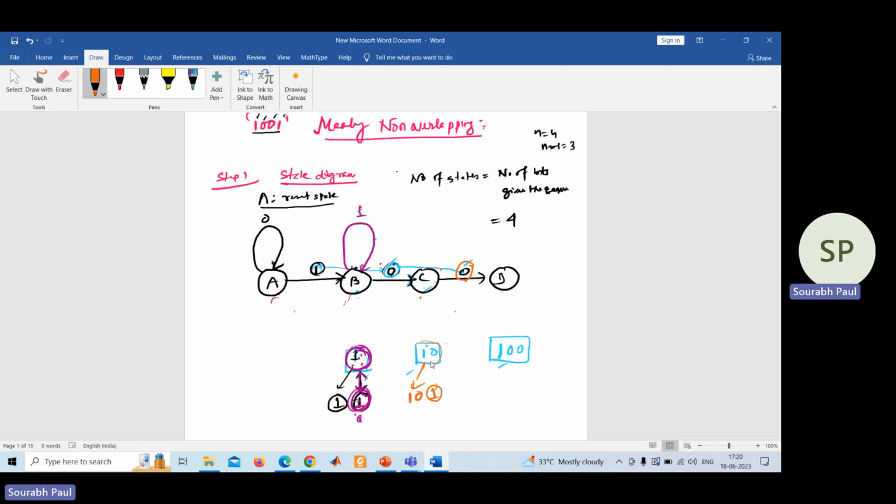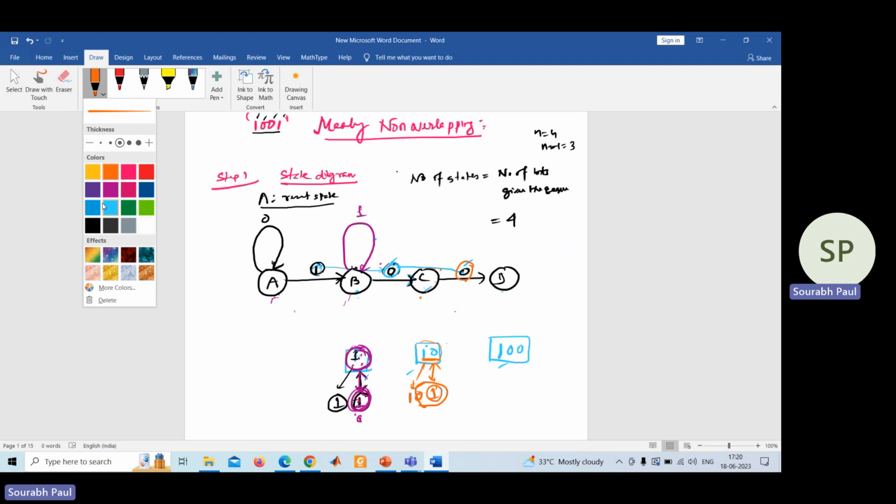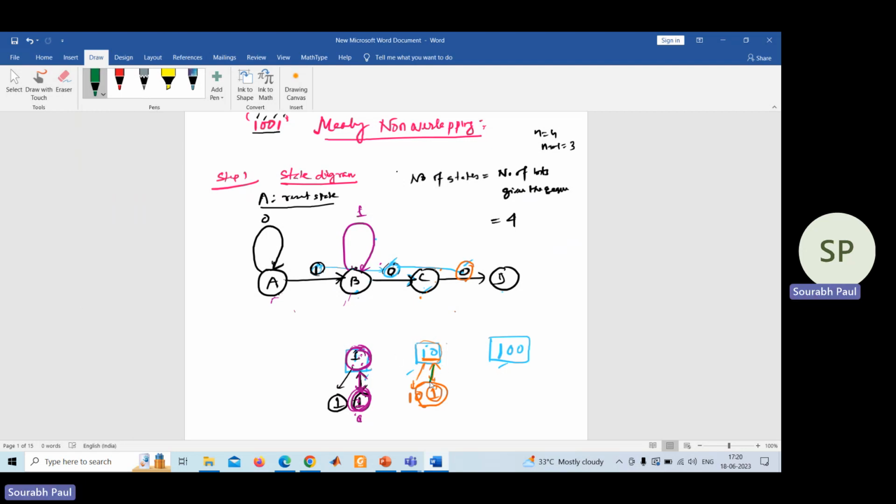Fine. After that, what you need to do? You have to make a pair of these 2 bits and a pair of these 2 bits. These 2 bits you need to compare. Are they same? No. If they are same, you need to make a self loop. If they are not same, then you have to take the extreme right side bit.